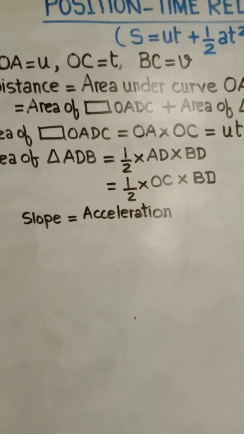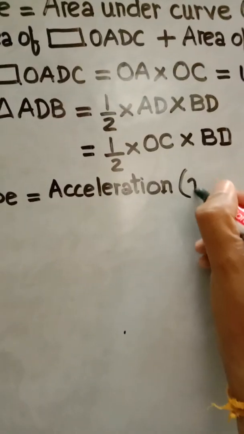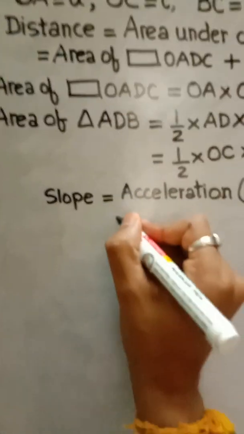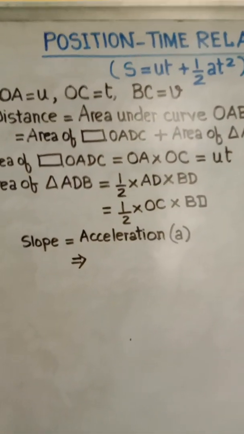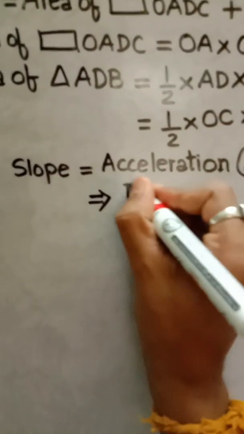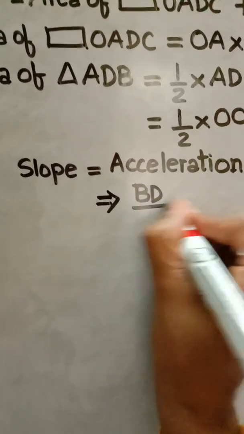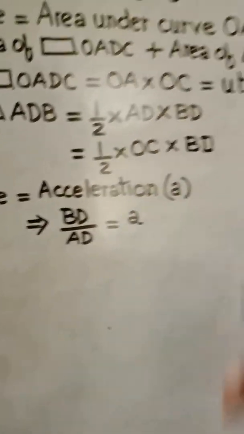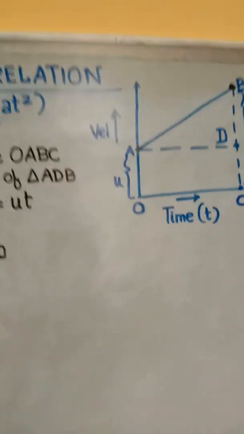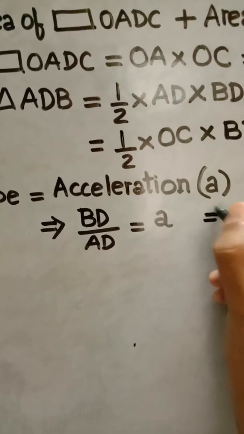So, as we know, acceleration is a. Now, slope is perpendicular by base. So BD by AD equal to a, right?